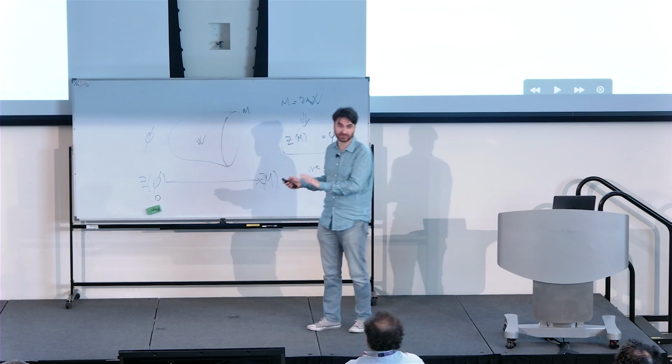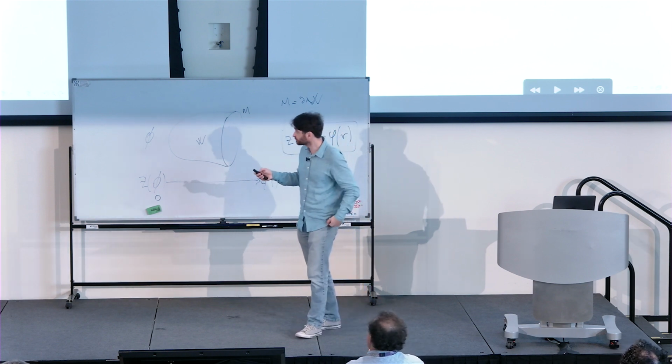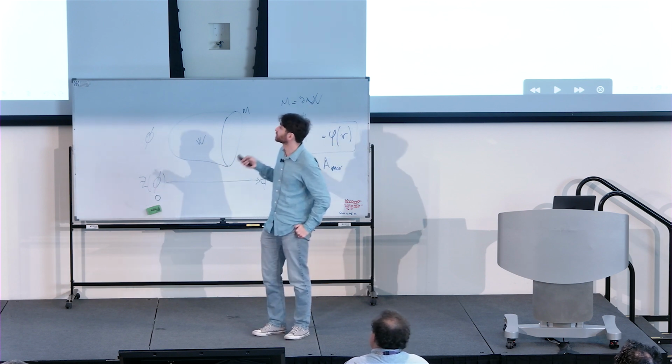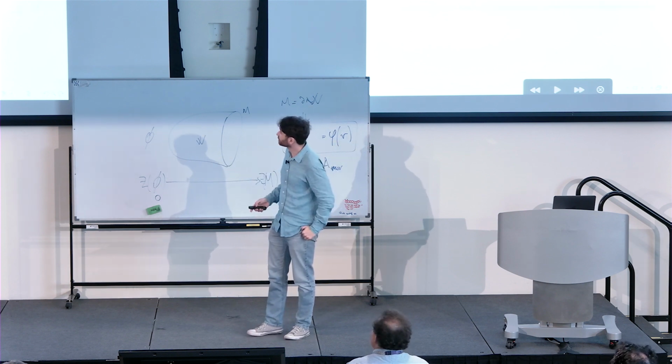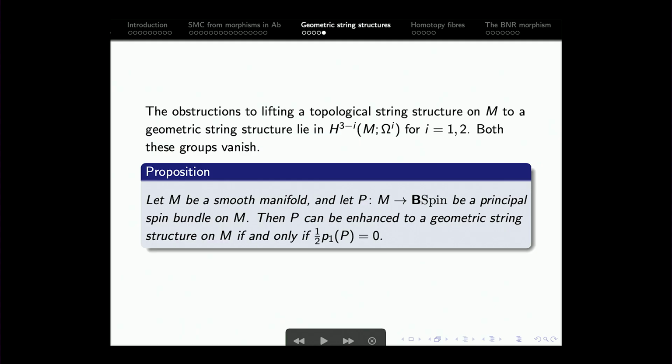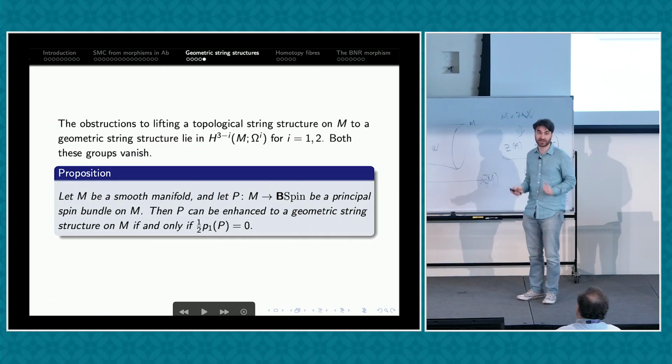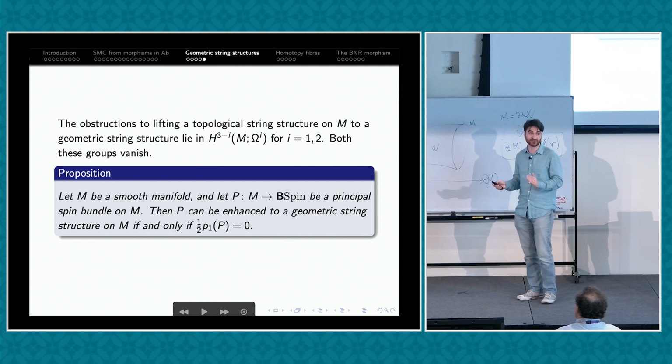I don't know the answer to this, but this is to be thought of as open, I think, at the moment. Okay. So, summarizing, geometric string structures are topological in the sense that a principal spin bundle can be enhanced to a geometric string structure if and only if its first fractional Pontryagin class vanishes.